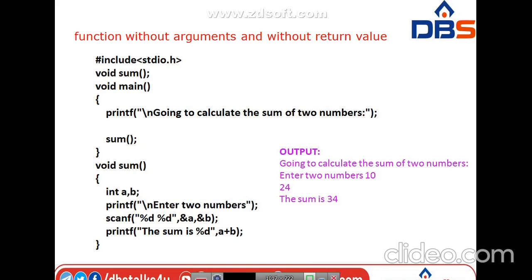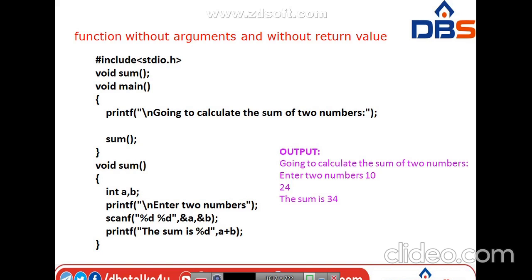In this category no arguments are passed from the calling function to the called function, and no values are returned from the called function to the calling function. It means there is no data transfer between them.